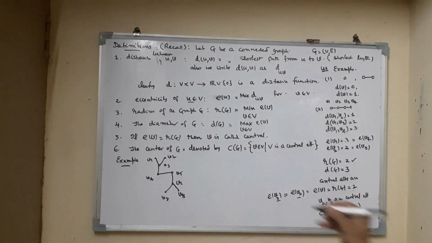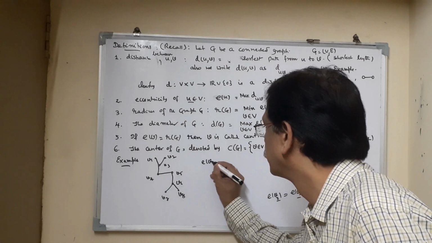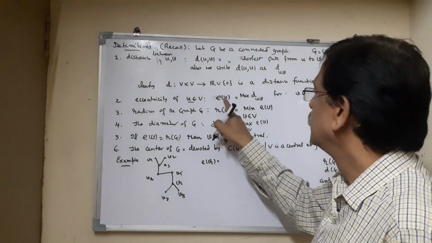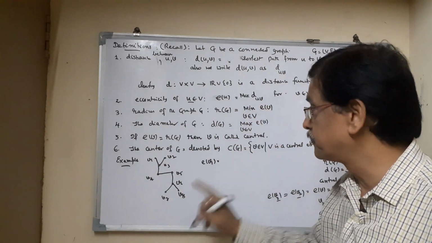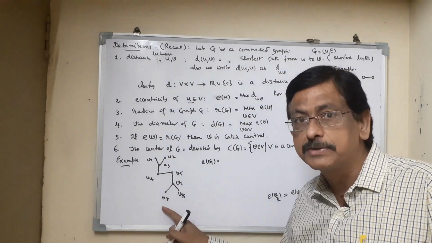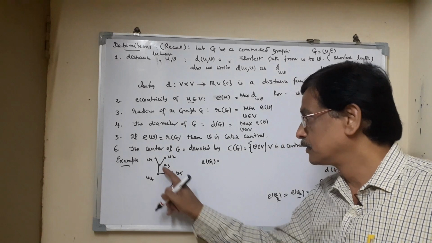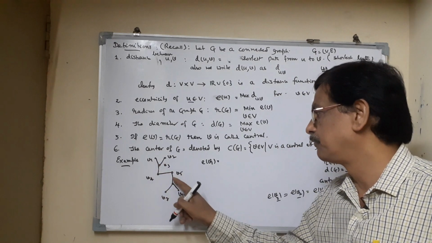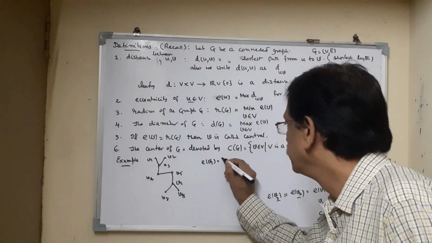Let us calculate EV1. EV1 is the maximum distance from V1. So the maximum distance is either up to V7 or up to V8. So 1, 2, 3, 4, 5. So EV1 is 5.